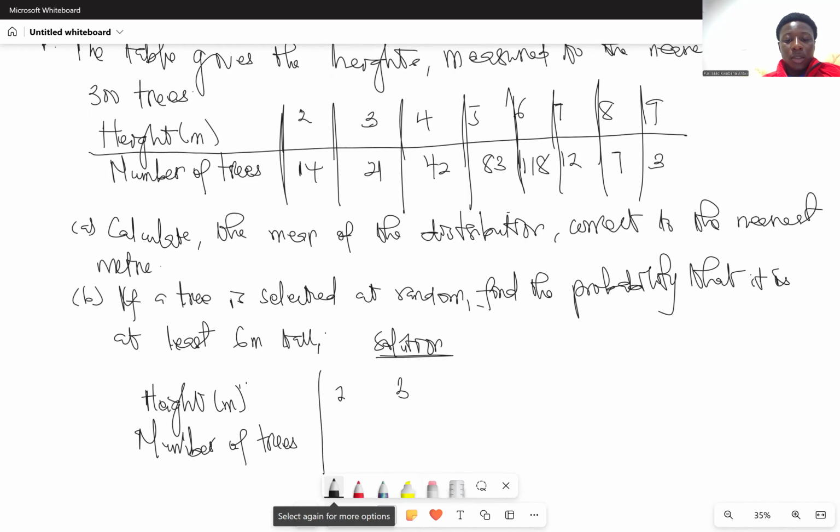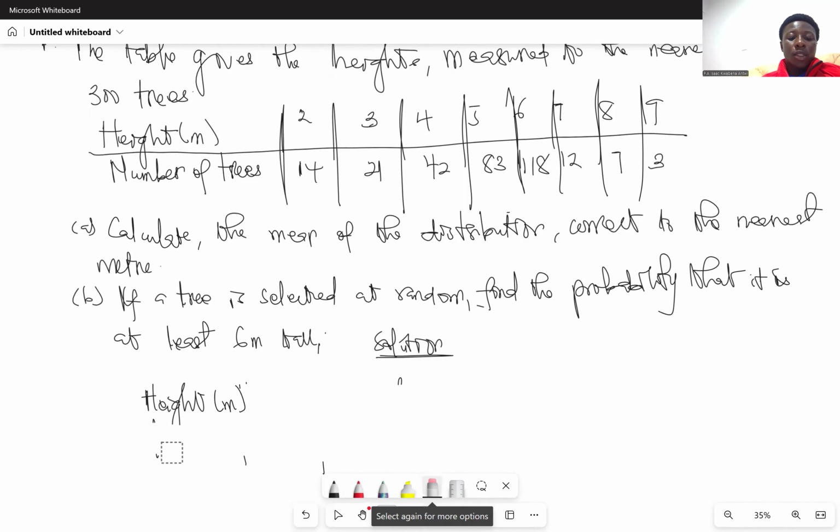So just setting up the table. Of course, before we find the number of trees.